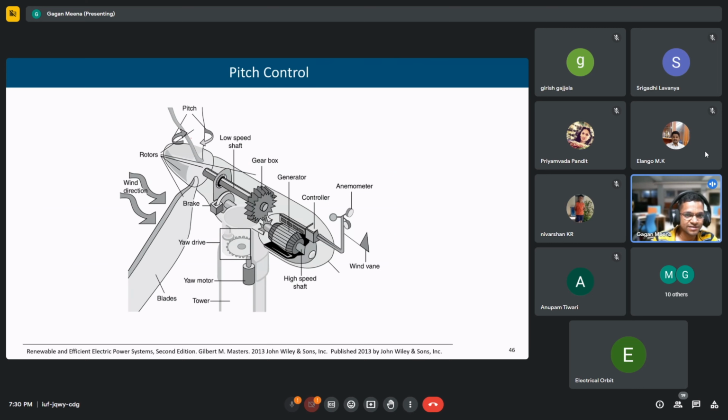So this is a typical wind turbine. This box is on this tower.